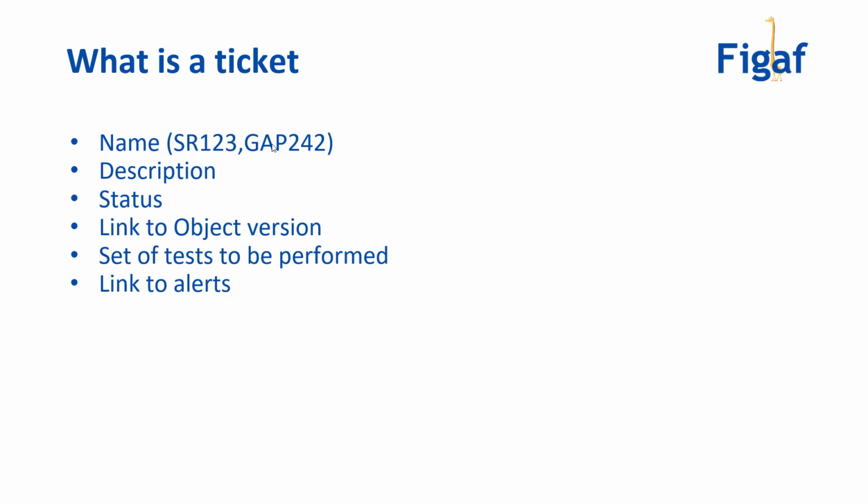There's a link to the different objects that you have, so you can link to a specific object version, and then you'll be able to see this version. And then there's a set of tests that you want to perform based on these assigned objects. And then obviously it can also link to some alerts if they occurred.